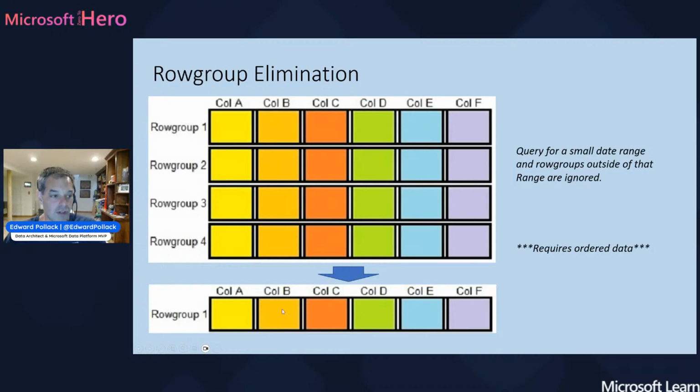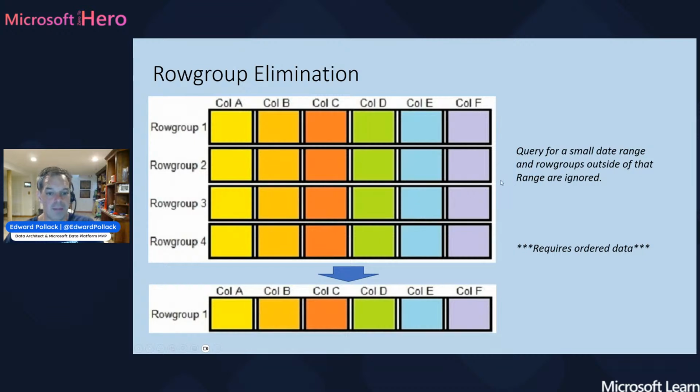If my date range is encompassed in a single row group out of the whole thing, then I don't have to read the rest. It uses the metadata automatically and says, hey, metadata says the min and max values, and I know that 2 through 4 don't have a min or a max in this range, therefore I can skip them. In this case, by querying for a narrow date range, I can see that I read 6 segments instead of 24, omitting 3/4 of the data.